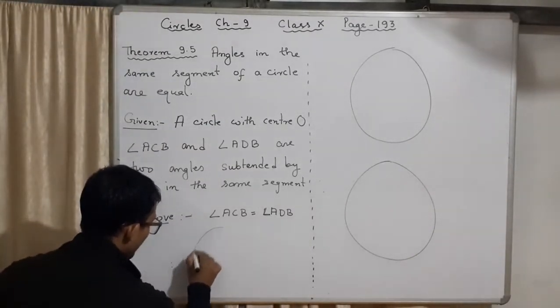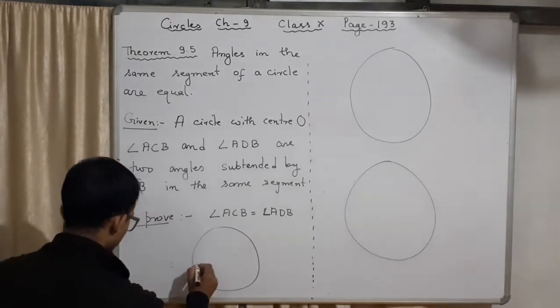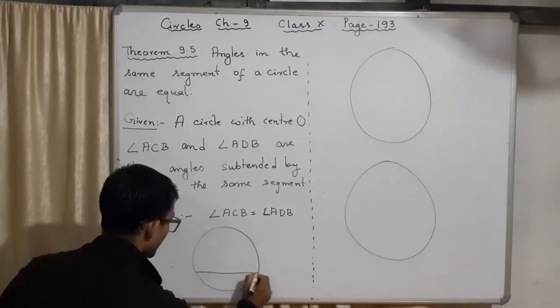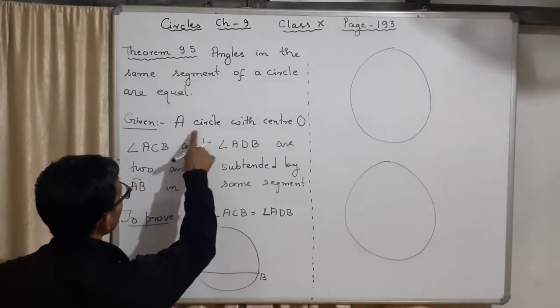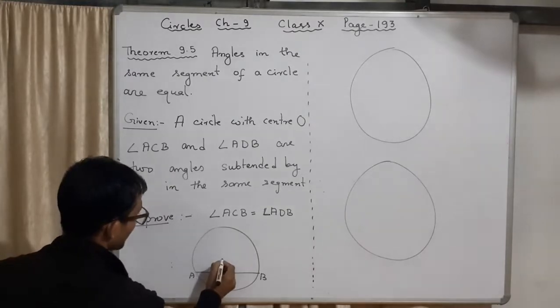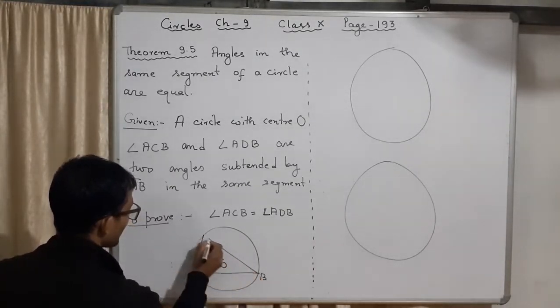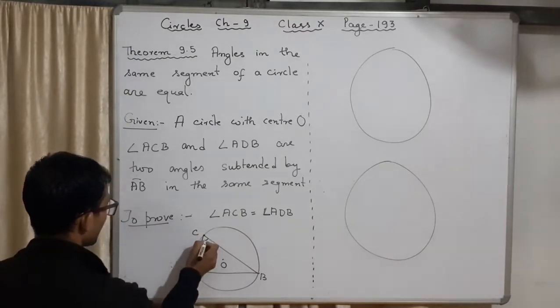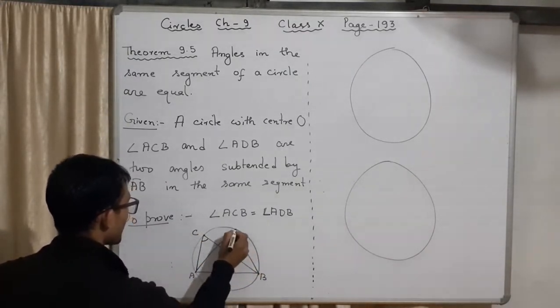One more, let me make it here. This is the first one, okay? The first one is that, suppose this is AB here, circle with center O, and this is your ACB, and this is your ADB.